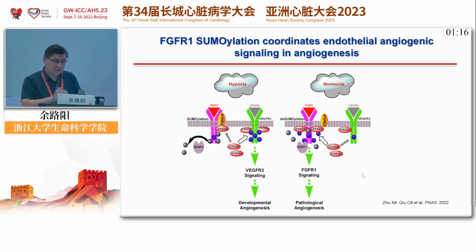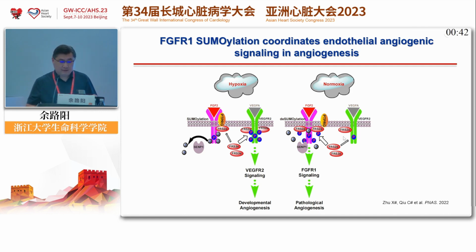So in summary for this part, we found that in the classical hypoxia-mediated angiogenesis, hypoxia will induce the SUMOylation of FGFR1, which will limit its additional recruitment of the adapter protein FRS2 alpha, and guarantee the complex formation between VEGF-R2 and FRS2 alpha and the subsequent signaling for angiogenesis.